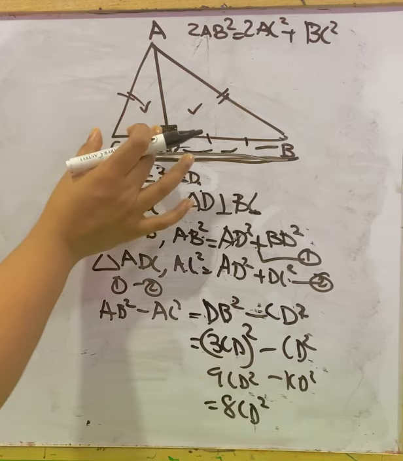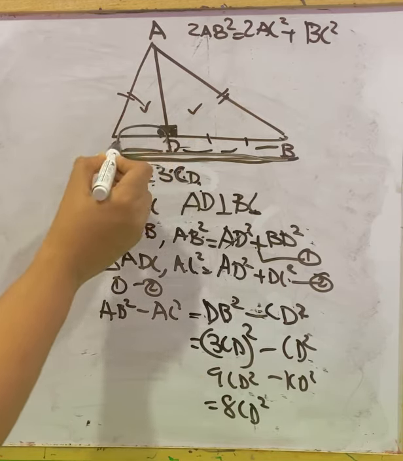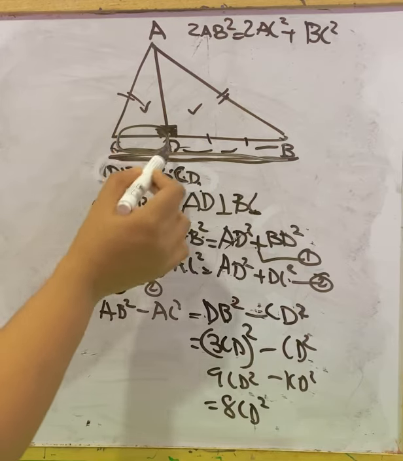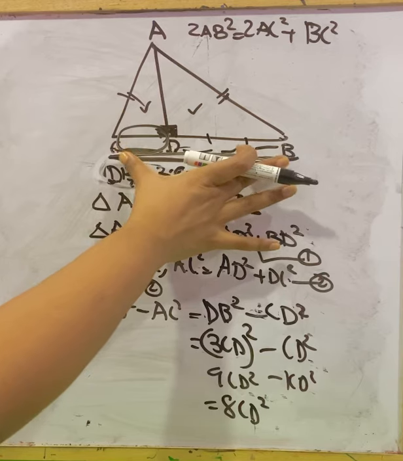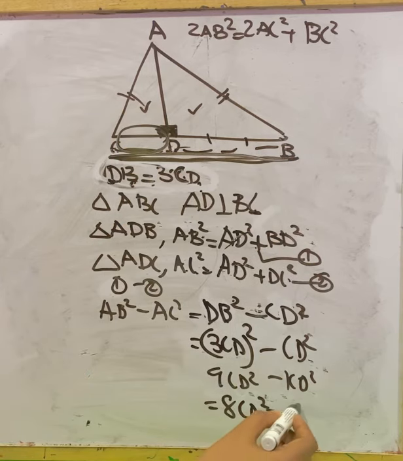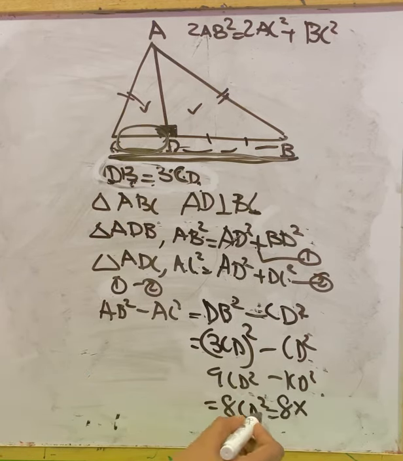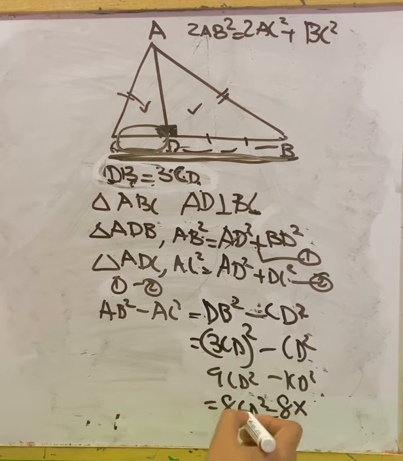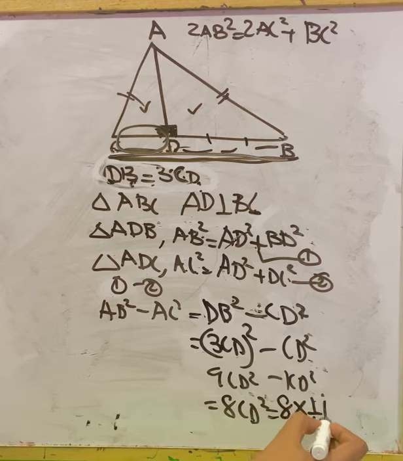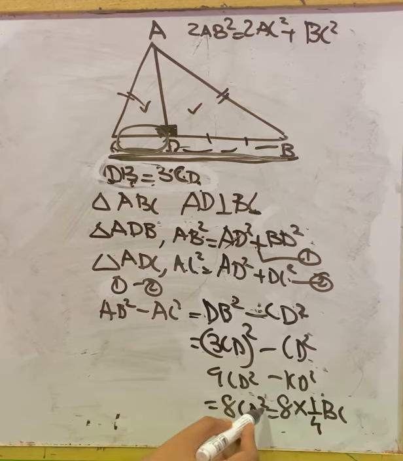Out of 4 parts, this is the 1 part. So instead of CD, we will write 1 by 4 BC. So it is equal to 8 into, instead of CD, 1 by 4 BC.